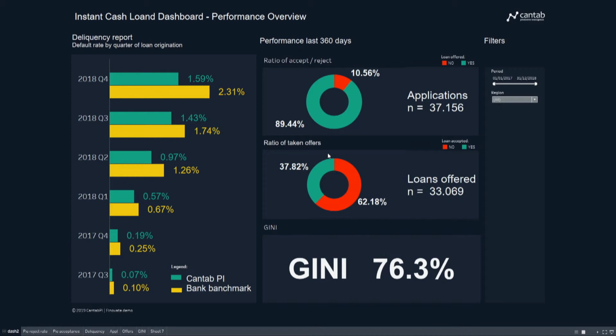You can see a comparison of delinquency rates of our engine and of the legacy engine of the bank. You can see that our delinquency rate is relatively low, and also lower than legacy models of the bank. It's important to say that our model is using only PSD2 data, and the yellow one is using also credit history and everything else.